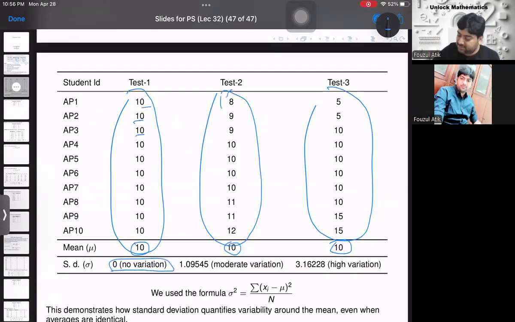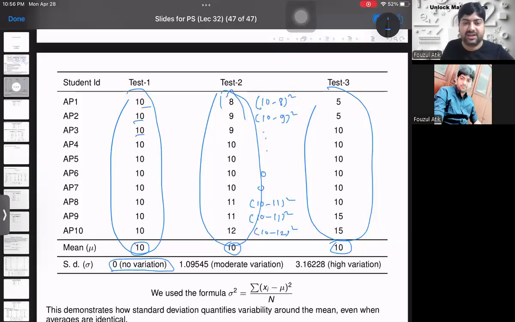But what about the second test? The mean value is 10, so xi minus mu whole square is 10 minus 8 whole square, then 10 minus 9 whole square, and similarly for the others. Several of these will be 0, then 10 minus 11 whole square twice, and 10 minus 12 whole square.